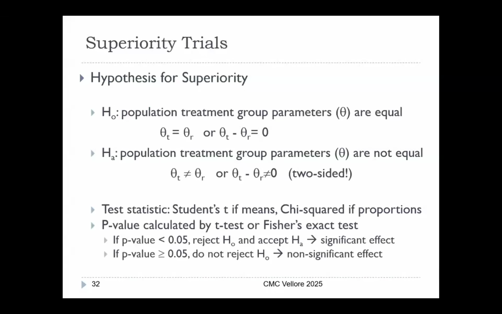So from a statistical standpoint, the way we think about it is we have a hypothesis. All of you are familiar with the null hypothesis and the alternative hypothesis. So the null hypothesis is that we assume that whatever metric we're using to judge, whether it is a hazard rate ratio, or the relative risk, or a difference in means, whatever it is, we use the Greek letter theta, or whatever is that parameter or metric that we are using.